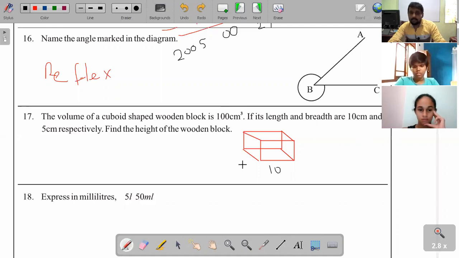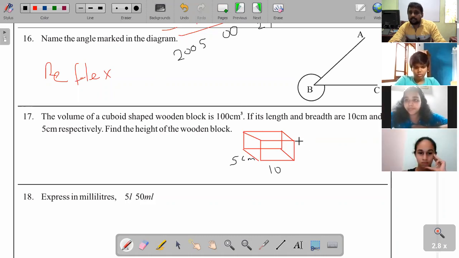Length is 10, breadth is 5 centimeters. Find the height. Consider the height to be h, right? We have been asked to find the height. How do you find the height?